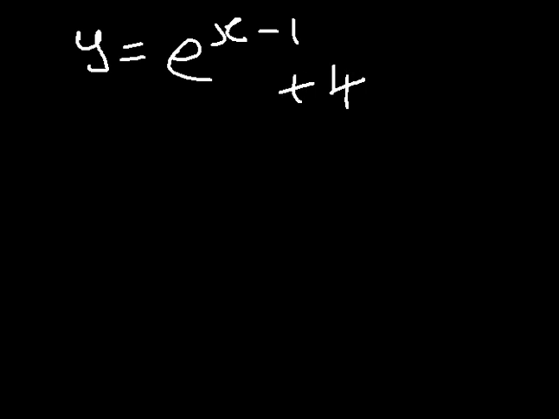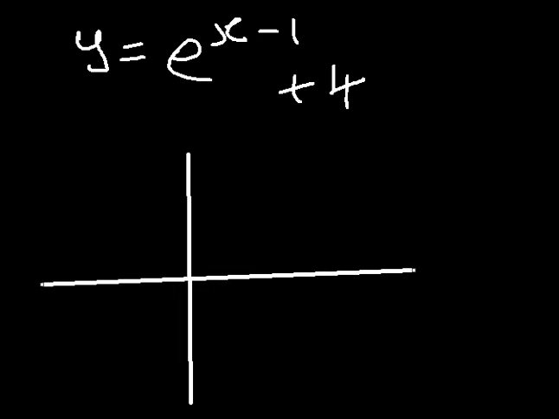The nature of the graph will go like this, where this is y and this is x. Now the graph is translated along x about 1 step to the right.